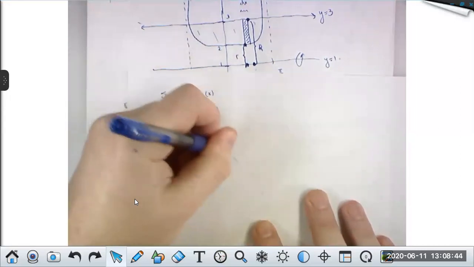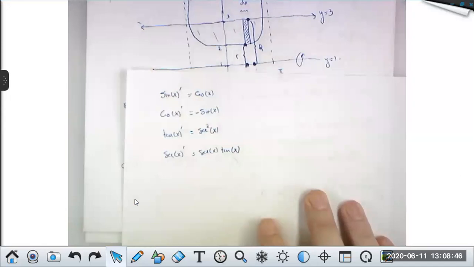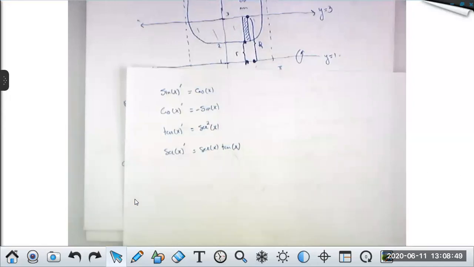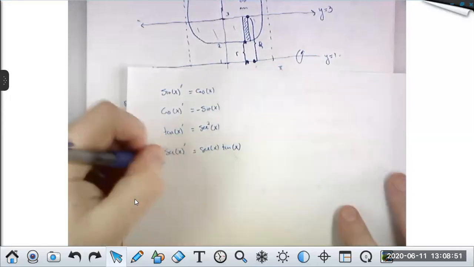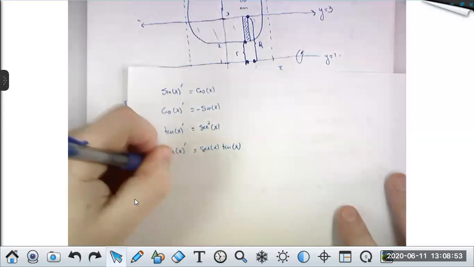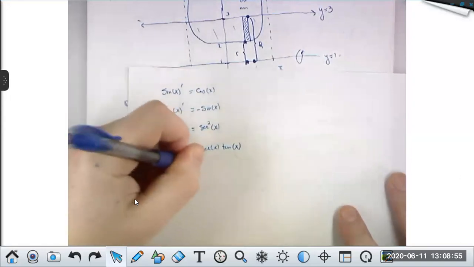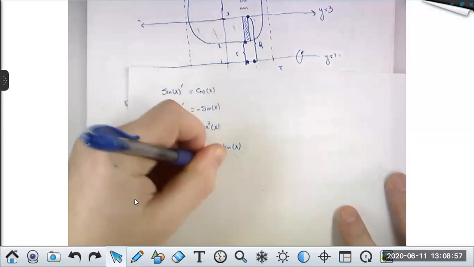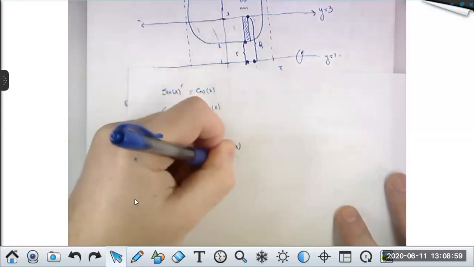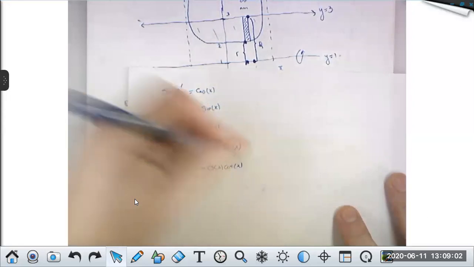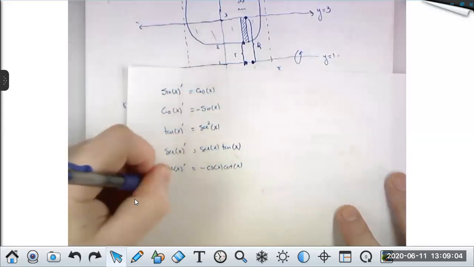Is secant cotangent or secant tangent? Yeah, secant tangent. The two we don't use as often are cosecant. Are those the important ones, or is there anything else I need to remember? I would remember all of these, and then also the inverse trig derivatives.